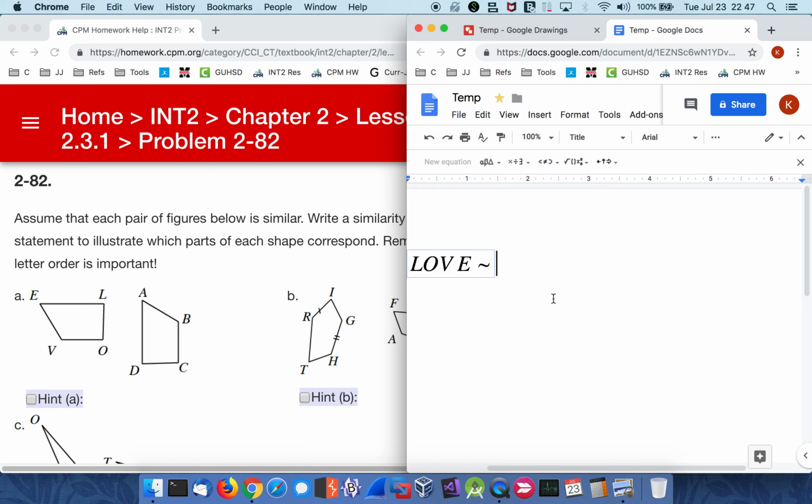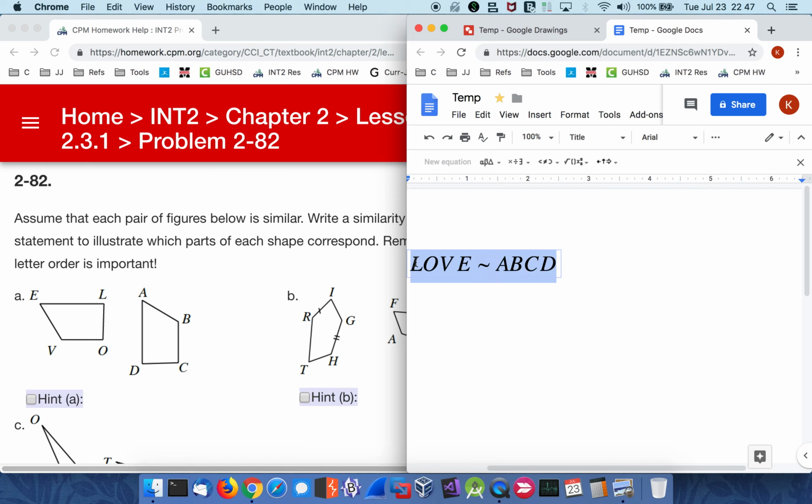We can't write that because LO would have to correspond to AB, and then OV would have to correspond to BC, and then VE, this line, would have to correspond to CD, and they just don't, right? So the diagonal one is EV, and the diagonal one here is AB.